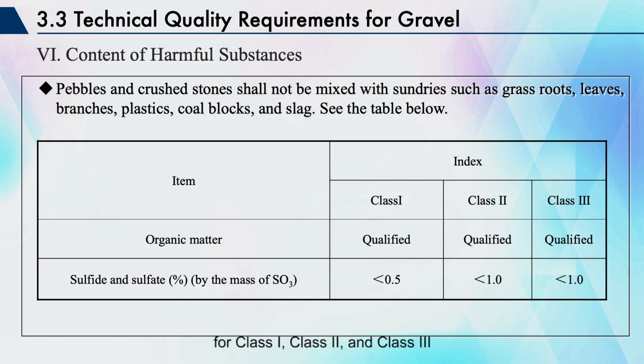Specifically, the content of organic matter should be qualified for Class 1, Class 2, and Class 3. Sulfides and sulfate content should be less than 0.5% for Class 1, less than 1.0% for Class 2, and less than 1.0% for Class 3.